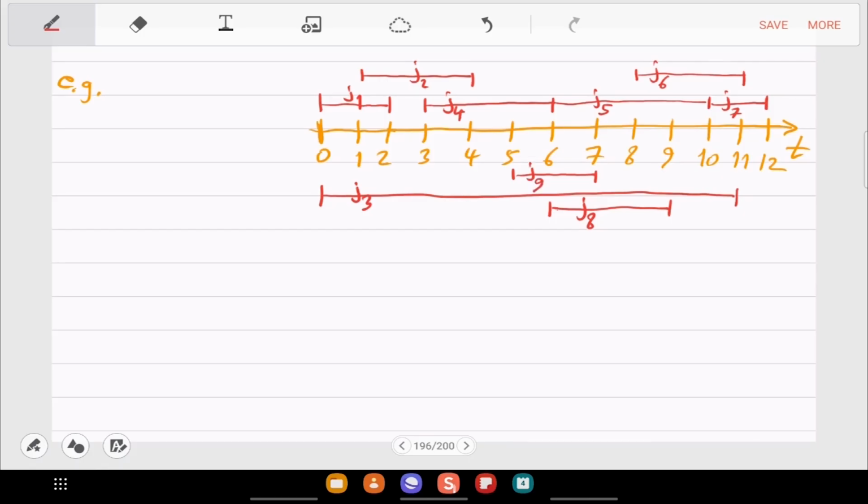Okay, so these are the 9 jobs with their respective start and finish information in terms of seconds or milliseconds in the timeline.